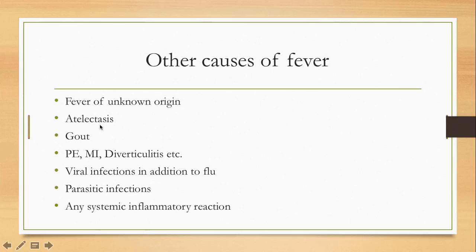Atelectasis is fever that sets in the hospital, usually post-operatively. People have pulmonary edema, usually very mild, and along with that they have some fever. Gout can cause fever, then a lot of inflammatory conditions in the body. PE sometimes can have fever, MI patients can have fever, diverticulitis can cause it.